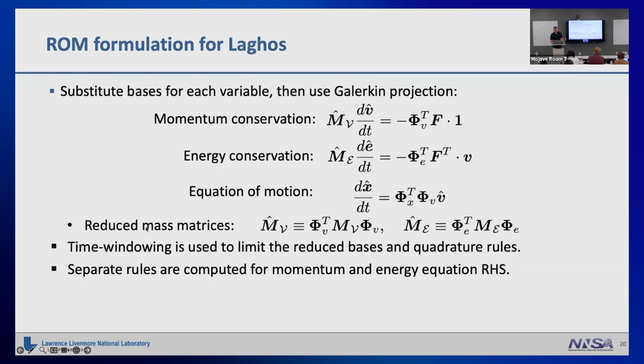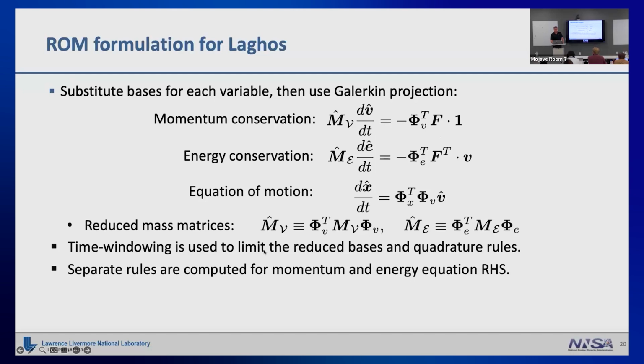We get reduced mass matrices in this way, and the key for this talk is we have to reduce this non-linear evaluation on the right-hand side, and we're doing that with reduced quadrature rules computed by NNLS for those snapshots.